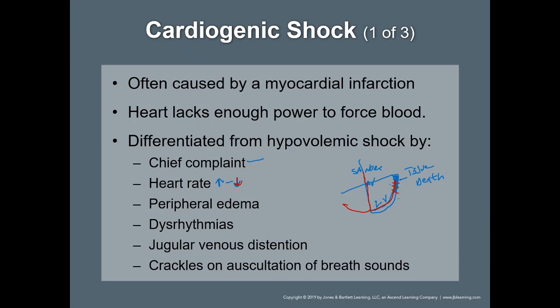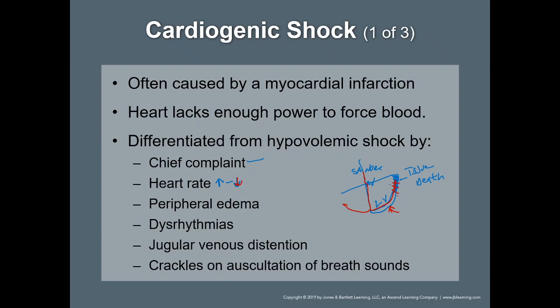And what is that going to do to preload? Remember, preload is dependent upon two things. One of those things was heart rate, right? And then the other was EDV. And so if preload is dependent upon heart rate and we have a lower heart rate, you're not going to be getting any type of stretch out of this ventricle.